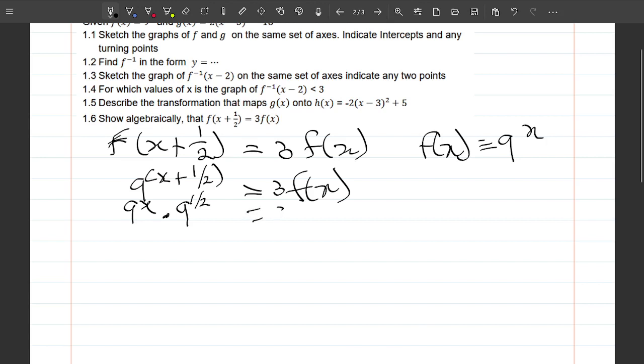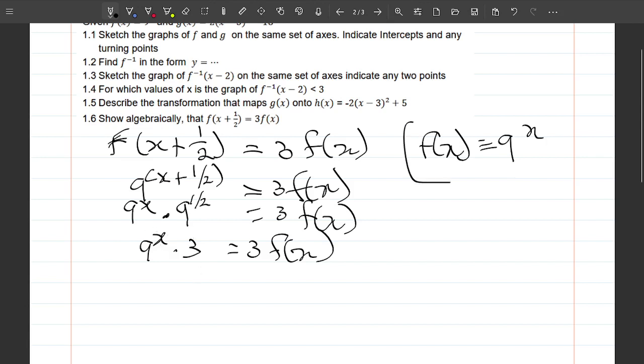And we said that we should prove that this is equal to 3 multiplied by f of x. Then we said 9 to the half is just 3. So I've got 9 to the x multiplied by 3, and this is equal to 3 f of x. Okay, however, I'm not done. What I then need to do is, well, 9 to the x is f of x, this is getting really cool.